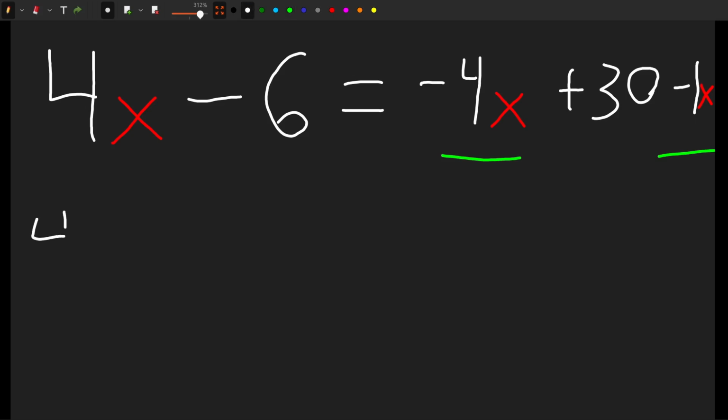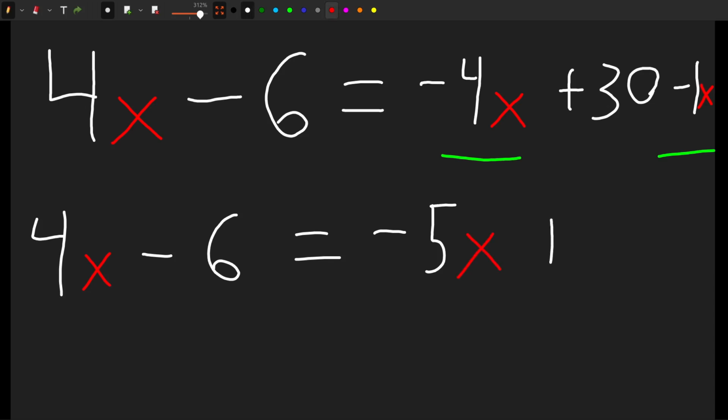So I'm simply just going to rewrite the problem I have. 4x minus 6 equals, and then on the right-hand side, minus 4, minus 1 put together gets me a minus 5. So I have minus 5x, and then plus 30.